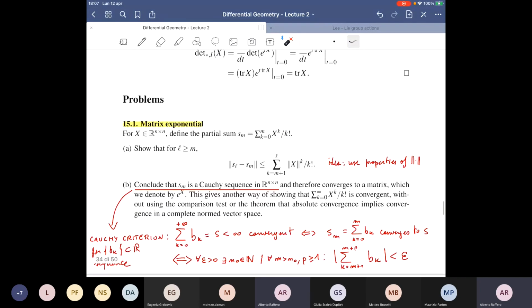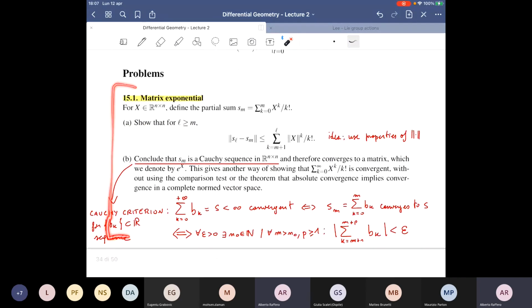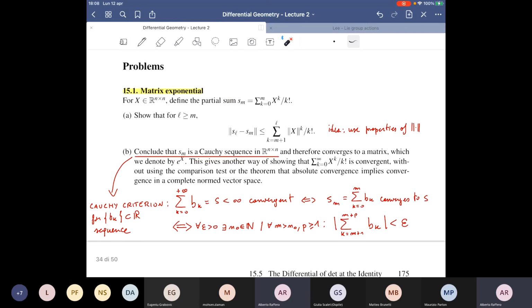Here there is another way of showing that the matrix exponential converges, using the fact that the series is a Cauchy sequence. The sequence you can consider by truncating the infinite sum, because it's a Cauchy sequence. And here again, I added some comments in this.